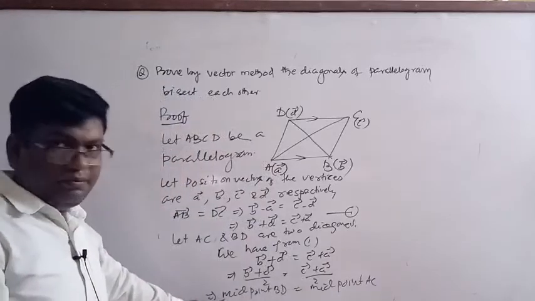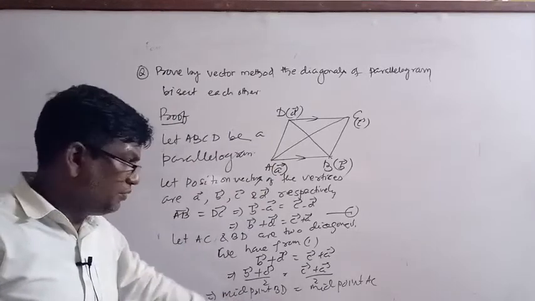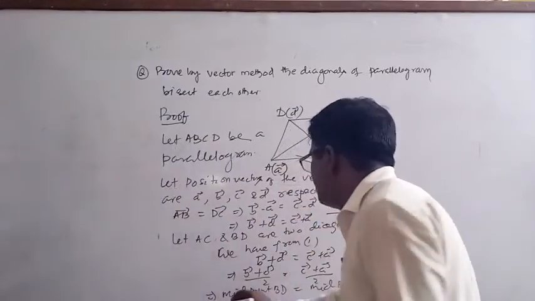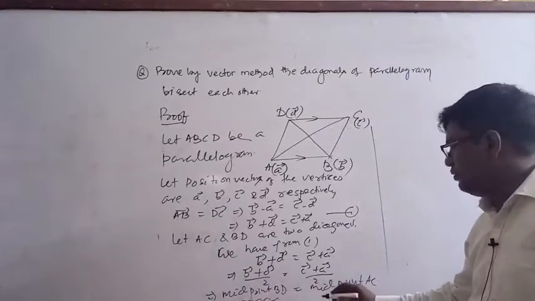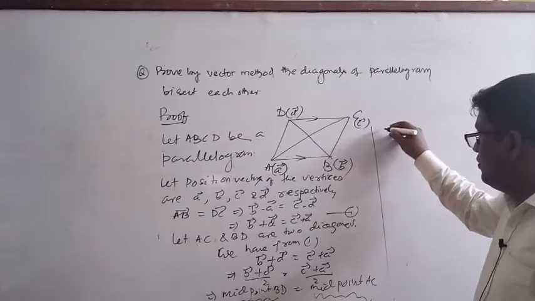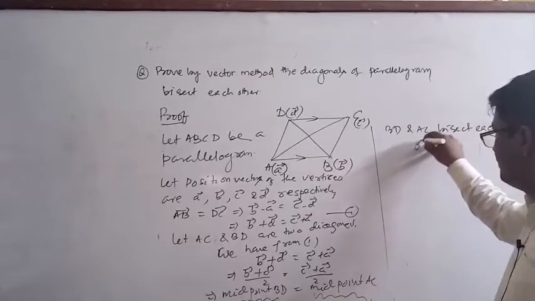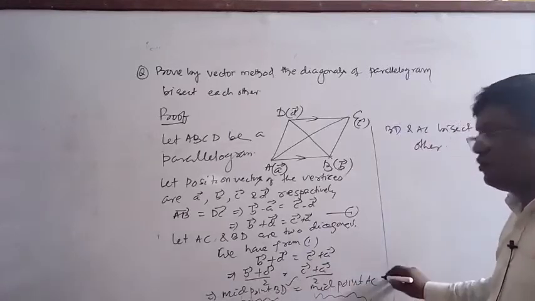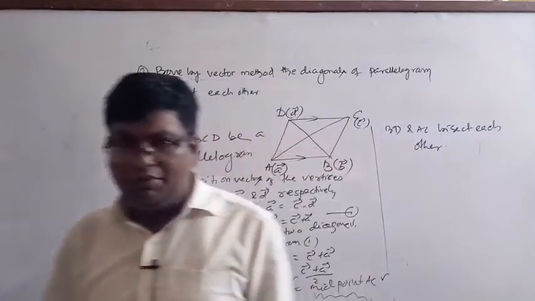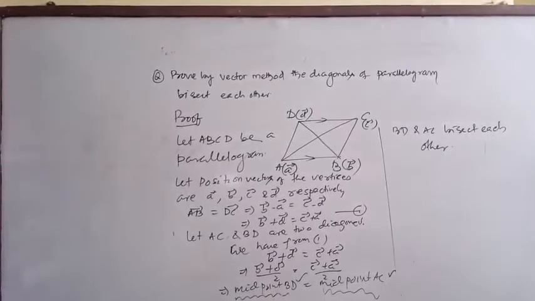Midpoint of BD is equal to midpoint of AC. Correct? So this is the proof.